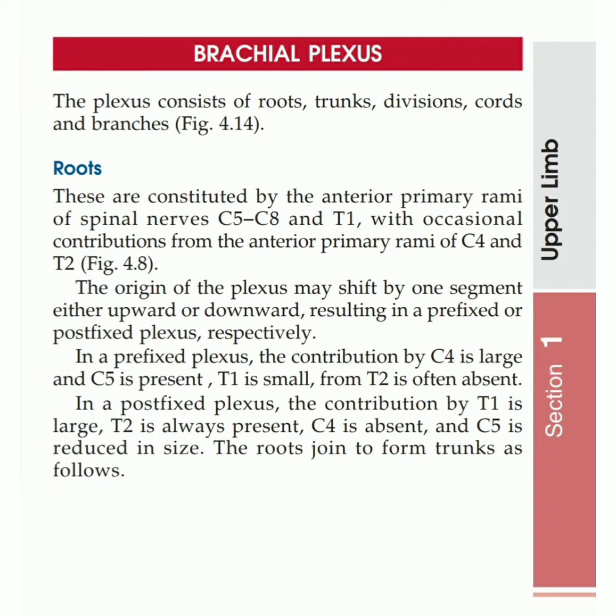In a prefixed plexus, the contribution by C4 is large and that from T2 is often absent. In a postfixed plexus, the contribution by T1 is large, T2 is always present, C4 is absent, and C5 is reduced in size. The roots join to form trunks as follows.